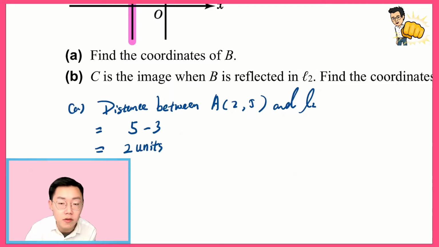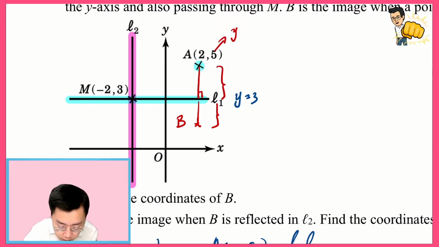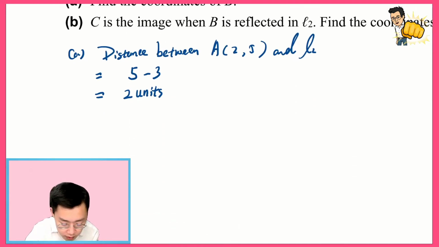That means the distance between A and L1 is 2. So the distance between point B and L1 should also equal 2 units.